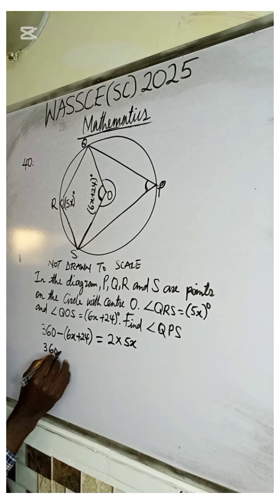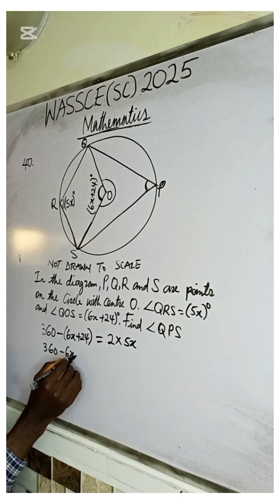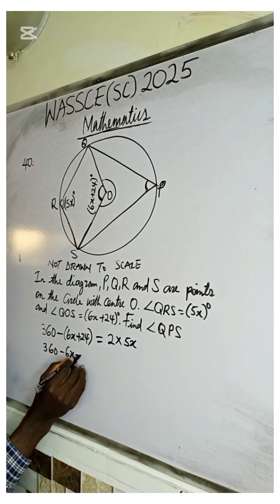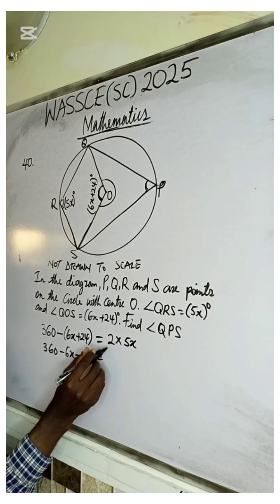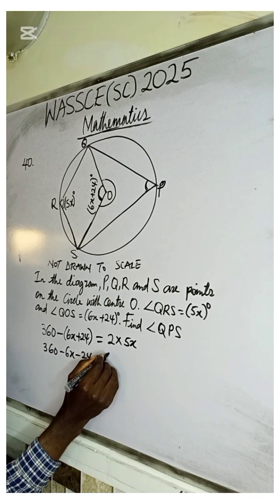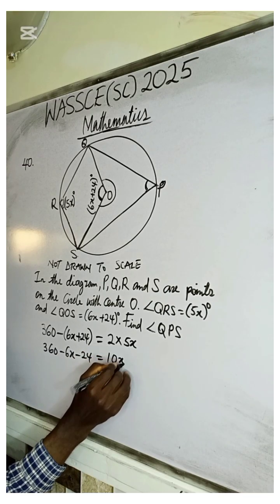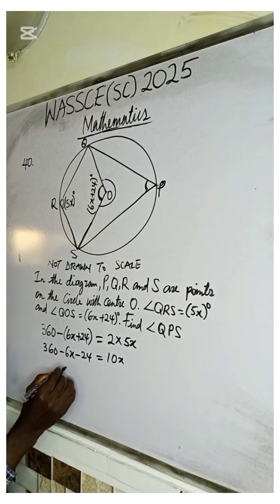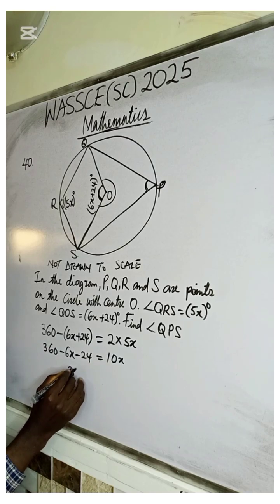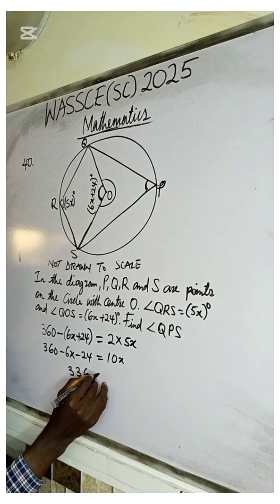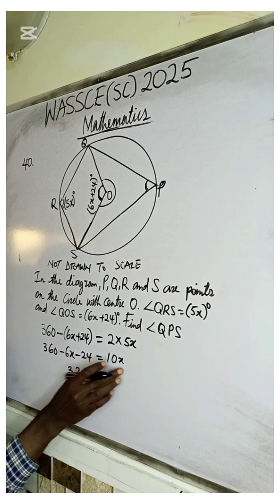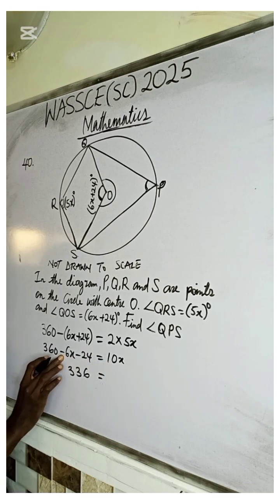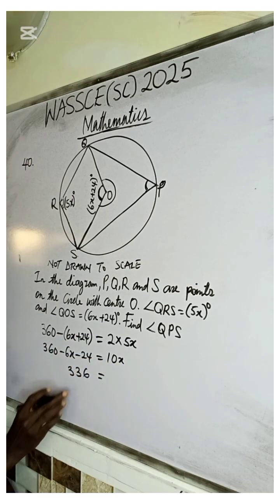Now let us open this. 360 minus 6x, negative times positive, negative 24, equals 2 times 5x, that gives 10x. Then we collect the like terms. We have 360 minus 24, that will give us 336, equal to 10x, and when negative 6x crosses to the other side it becomes positive 6x.